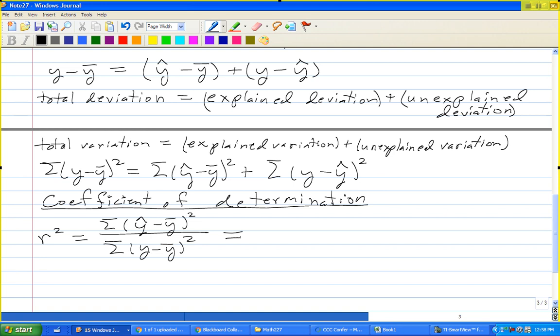Okay, and so this is just the ratio of the explained variation to the total variation. So if we're looking at the square of the correlation coefficient, that actually tells us how much of the variation we can explain.